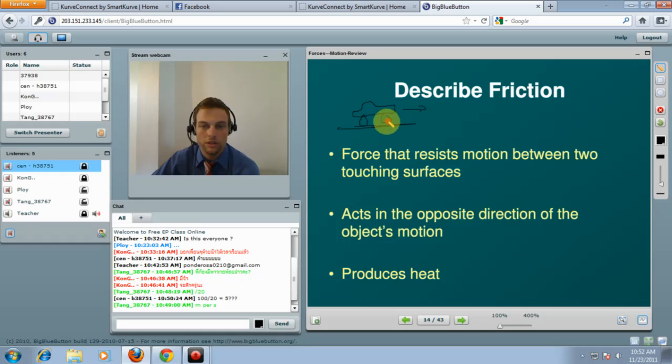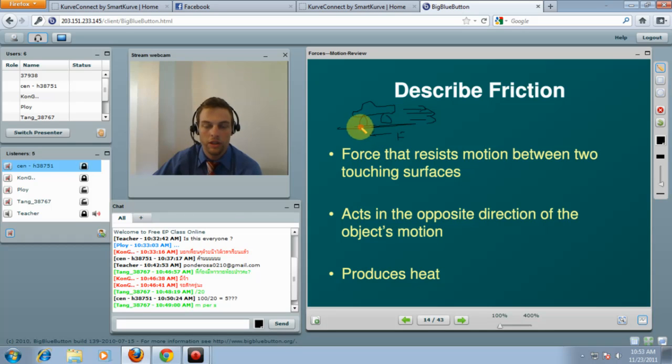The friction is going to be the force pushing this way. If the car is moving this way, this value is much larger. It's going this way with much more force, but there is still force pushing on the car. It's keeping the car from moving, and that's called friction.